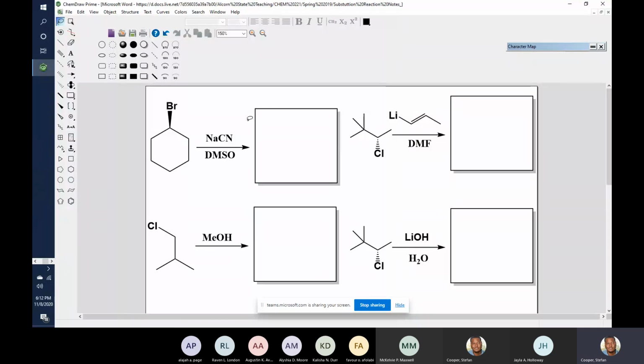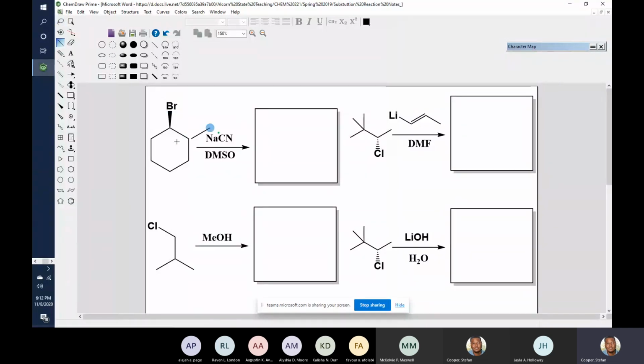I need a polar protic solvent. I need an acidic H in my solvent that can participate in hydrogen bonding, okay? And my nucleophile does not have to be strong. Weak nucleophiles can work in SN1 fashions. So considering all those things, we should be able to make some sense of the potential products.